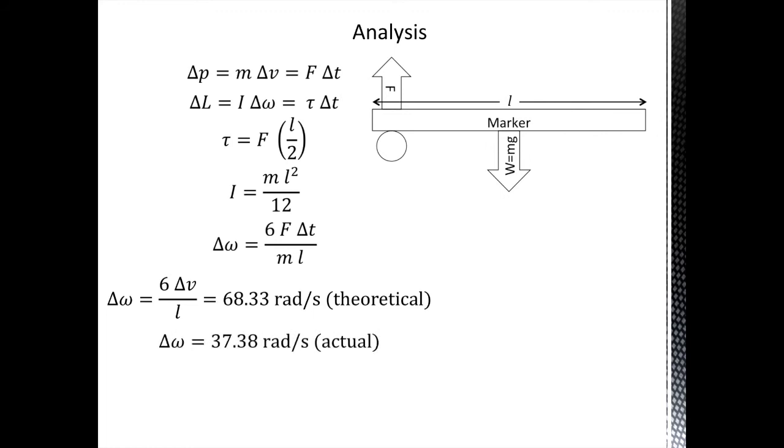This could have been caused by several reasons. First of all, we ignored the fact that the marker is not simply an infinitesimally small line and has in fact a width, causing perhaps a greater moment of inertia, which could lead to a smaller theoretical change in angular velocity.